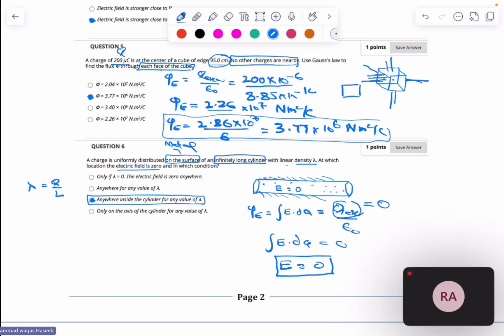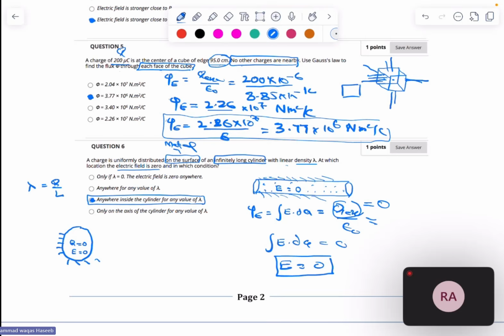And there is a general property for a metal. If it's a sphere or a cylinder or any configuration, for a metal the charge always resides on its surface. There is no charge inside the metal, and there is no electric field inside as well.